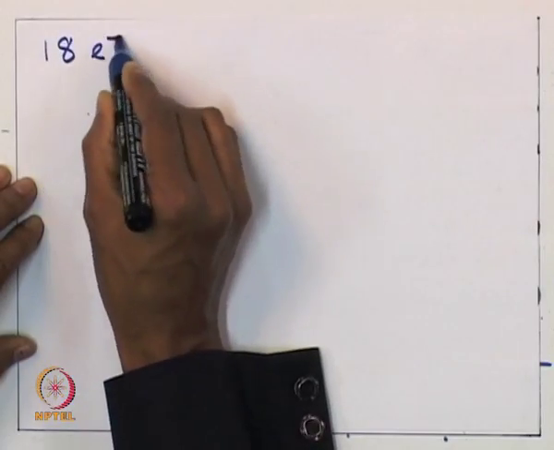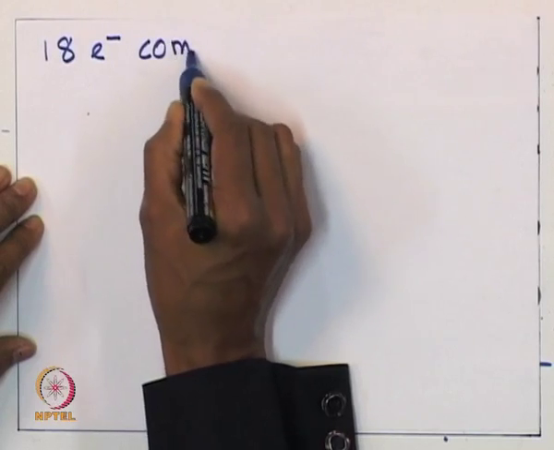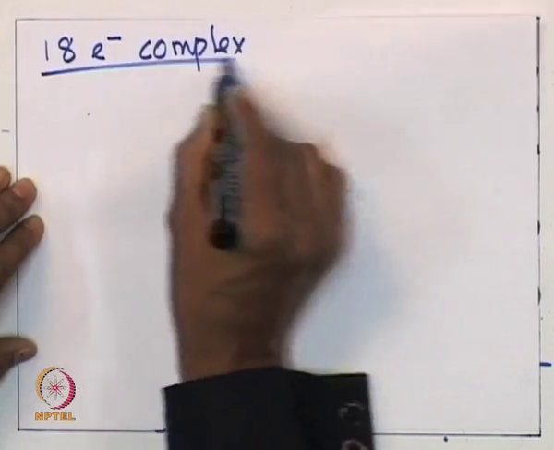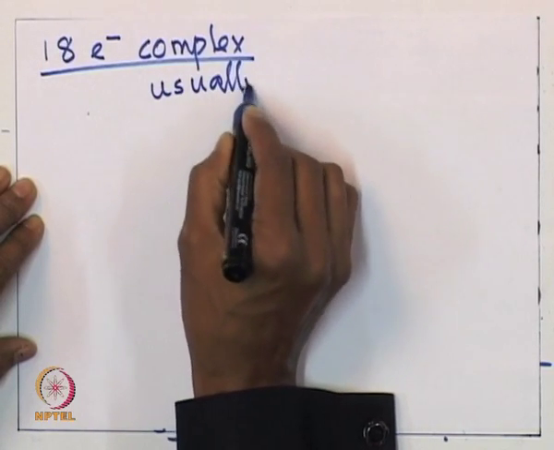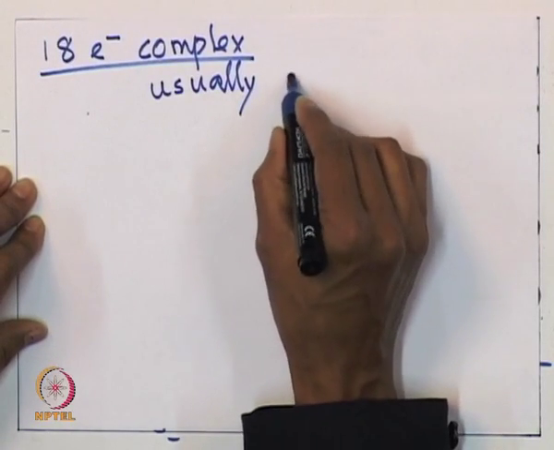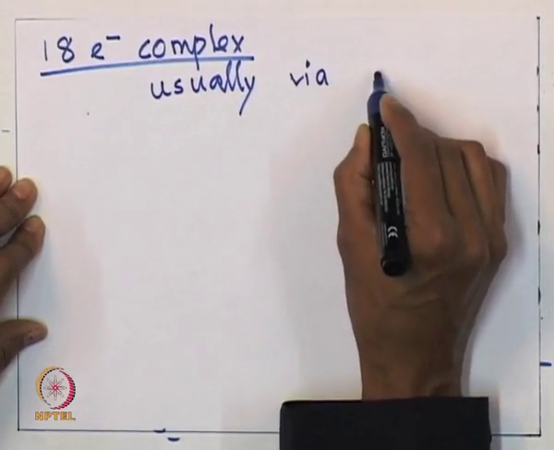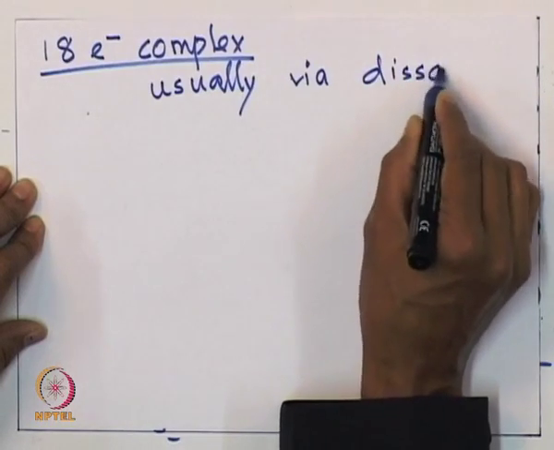Now, let us take an example with an 18 electron complex, how the 18 electron complex will react. We have seen right now how a 16 electron complex reacts. Now, 18 electron complexes usually react, again usually, not always the case, but most often you will find that is the case, via a dissociative pathway.